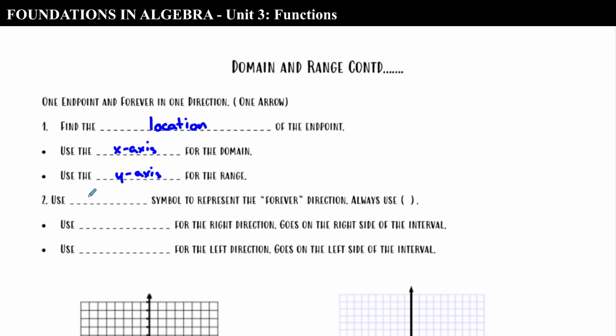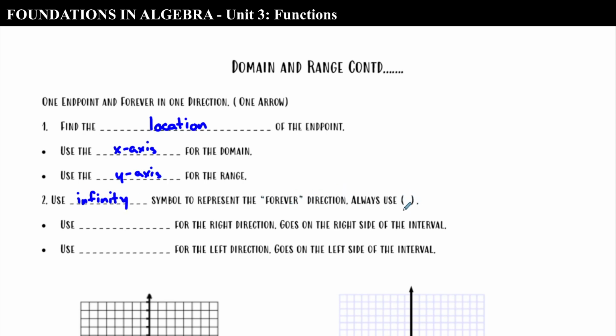Now, for the other side, we have an arrow, and that arrow represents that we're going forever in one direction. So we're going to use the infinity symbol. In fact, I'll spell it out here. The infinity symbol to represent forever in one direction.